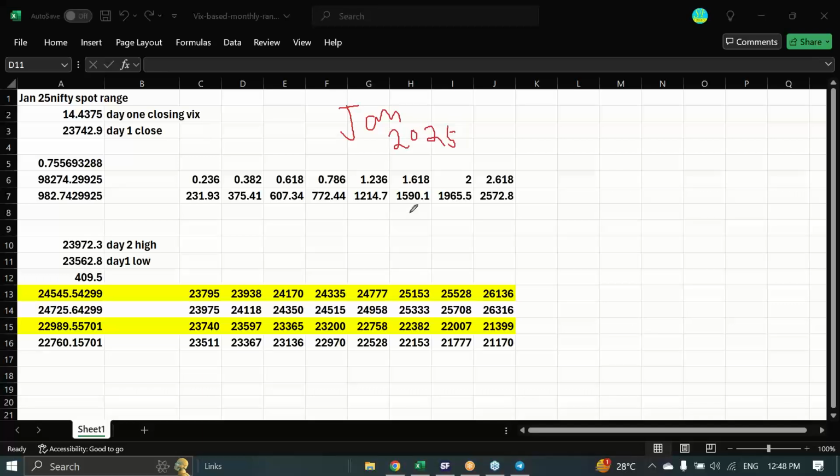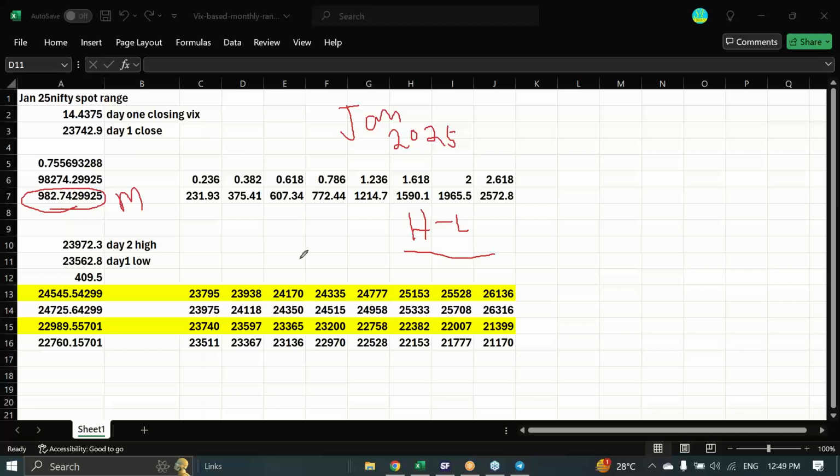whatever high will be made or low will be made, the difference of this high and low, if you subtract the high minus low, you will get 982 points. That is what this depth calculation says, and this is the minimum, and it can go slightly more than that.